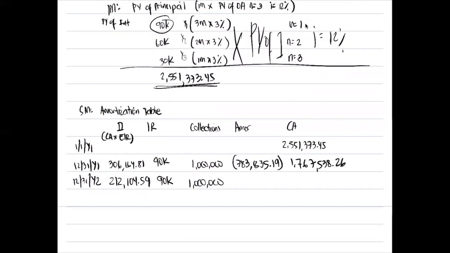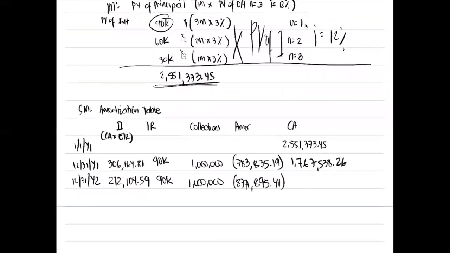Next, we have your amortization. Your amortization is equal to 212,104.59 less 90,000 less 1 million. This will give us 877,895.41.